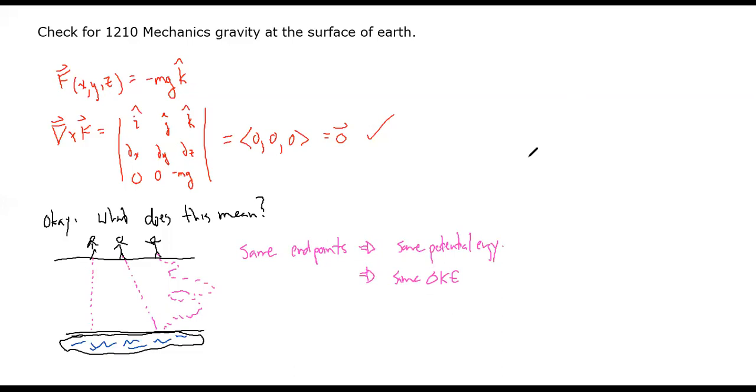And mathematically, these are the following relationships between those 3 ideas. The following 3 things are different ways of expressing the exact same idea. There's a potential energy function.